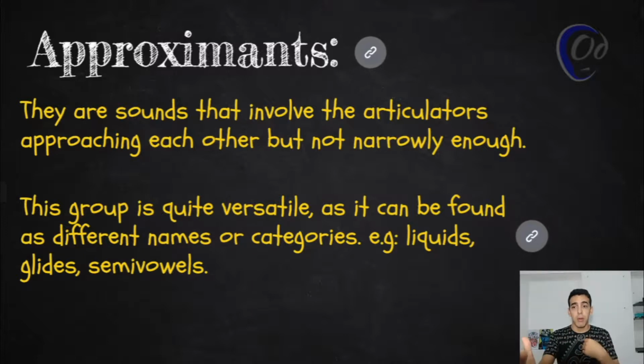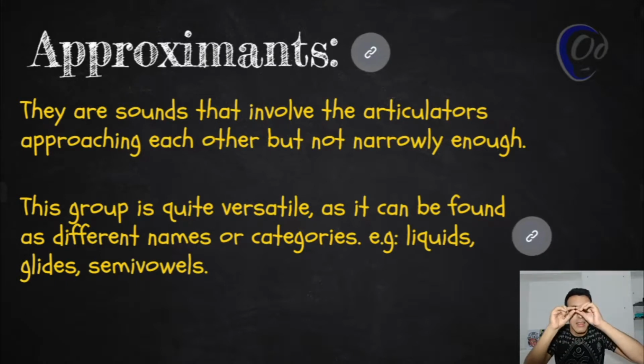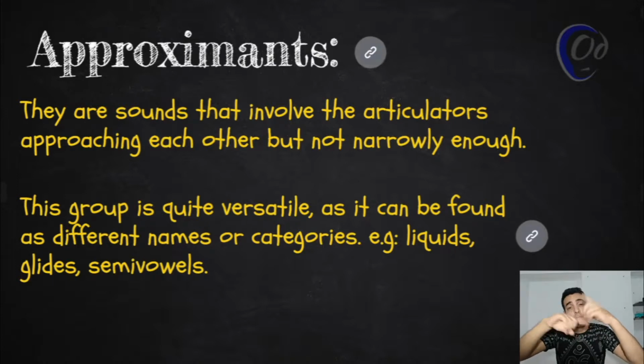Okay, so what are approximants? They are sounds that involve the articulators approaching each other, but not narrowly enough. They have a slight space where the air passes through and creates kind of turbulence.